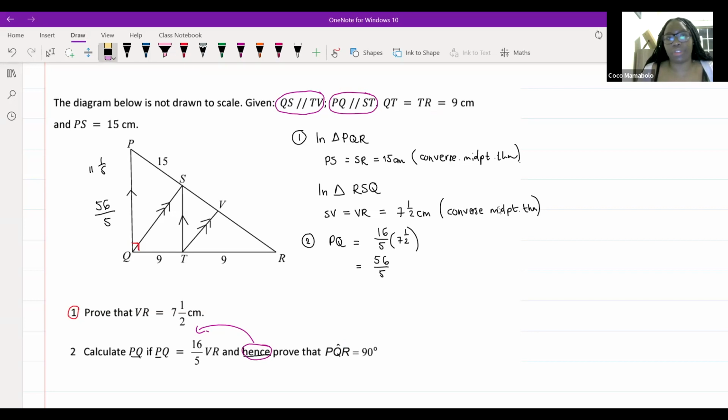Our trusted old friend, who remembers his name? Okay, I'll give you guys a hint. When do we use right-angled triangles?